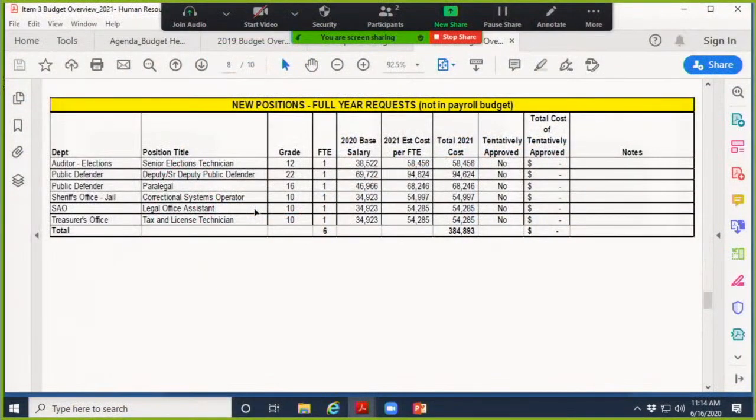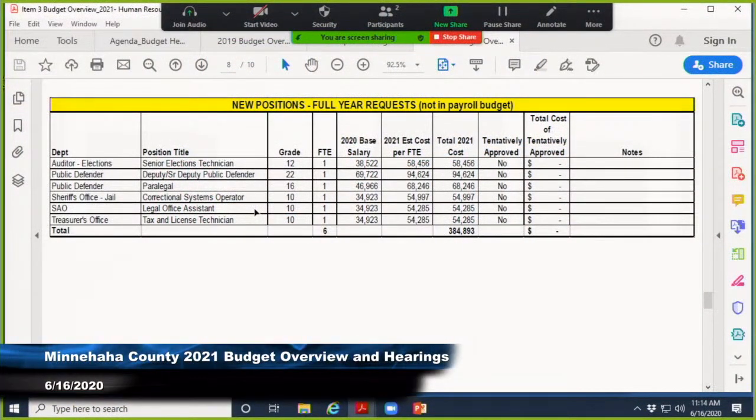Okay. So then I think the only position left is the legal office assistant for the state's attorney's office. I am certainly open to leaving that off right now and giving the new state's attorney a little time to have some input into the process, depending on how our funding changes.